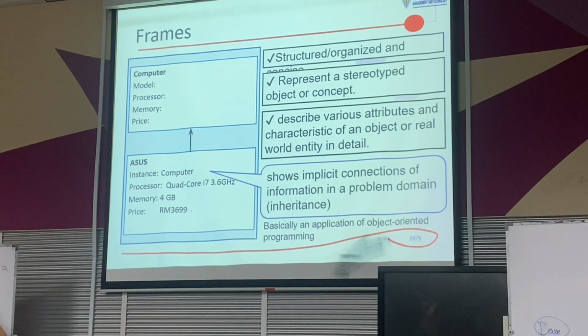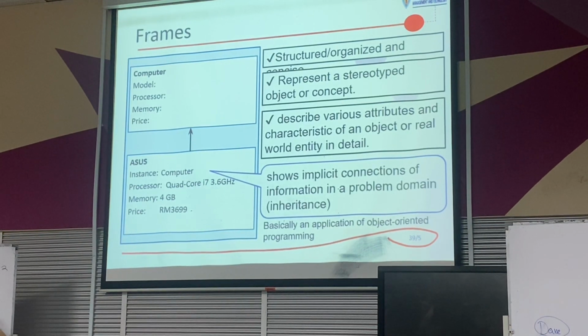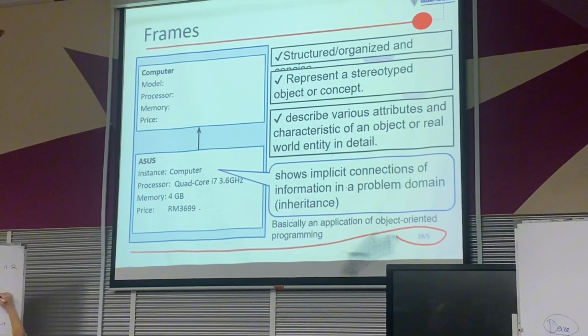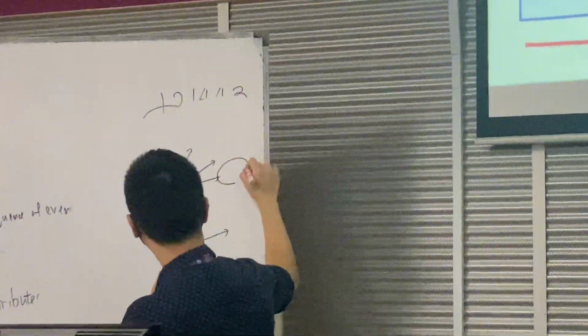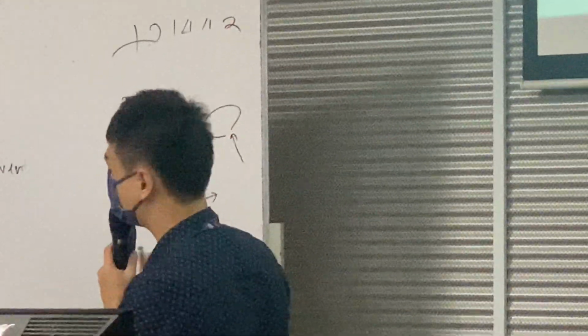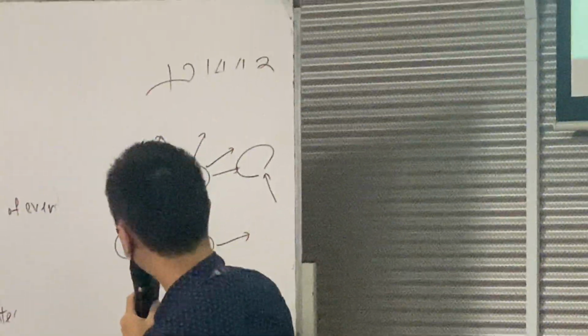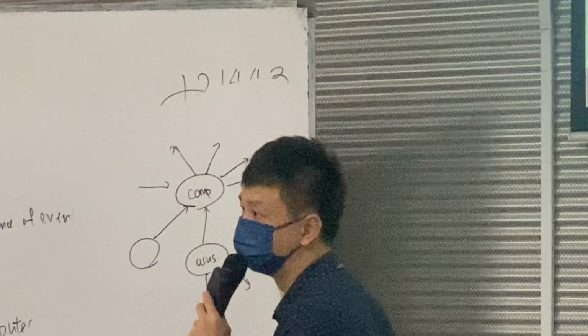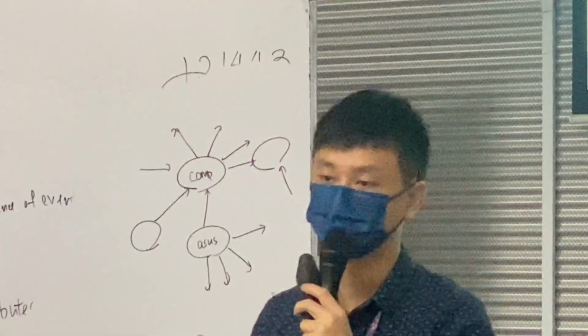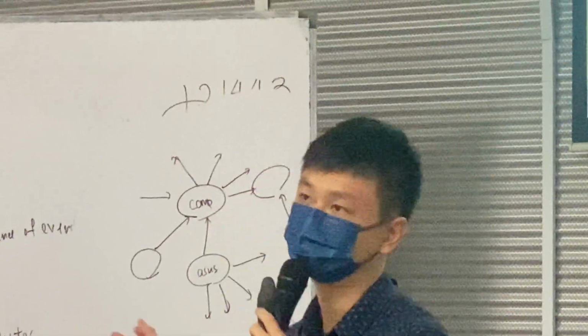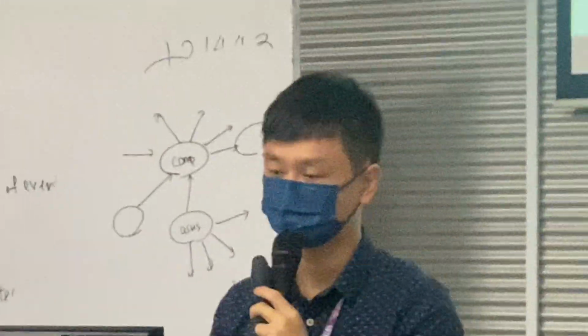You have a computer, then you join it to the ASUS, then you have a lot of properties, and computer also has all the default properties. What if computer has other brands? This is just one example. You have other brands, right? Then your map will be very big, and it is not suitable to use a semantic network to represent the attributes or the characteristics.